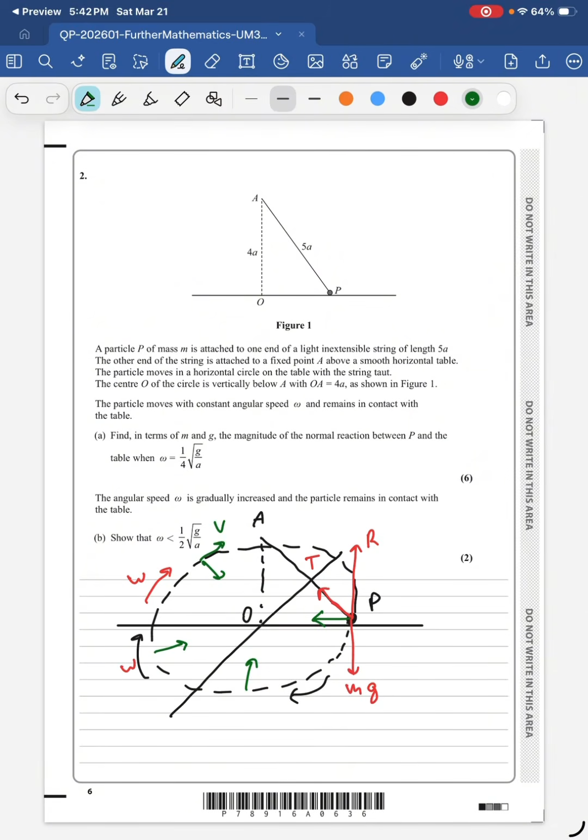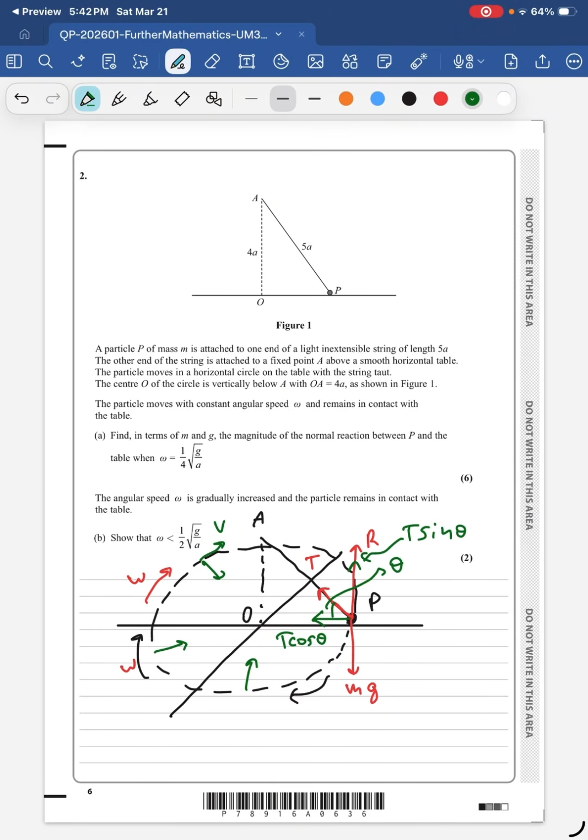Anyway, we immediately see that we have to analyze the tension into a component that points inwards. So if we name this angle theta, this component is T cosine theta, and then the other component is T sine theta.